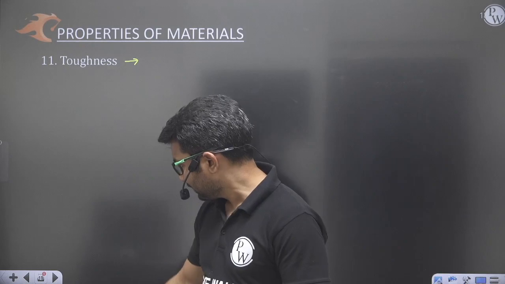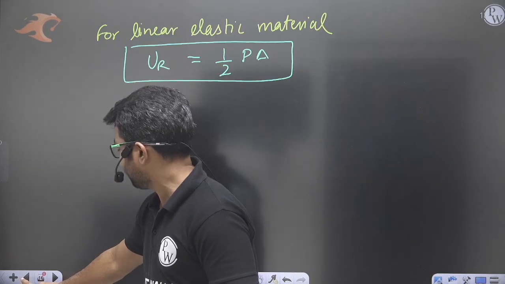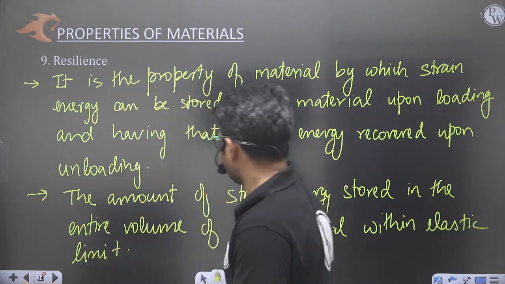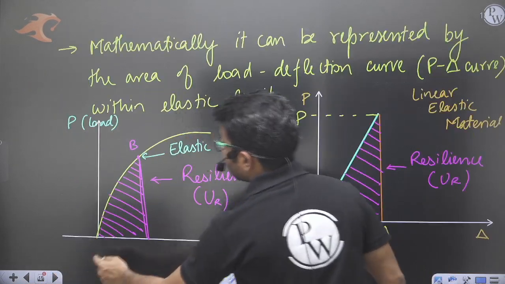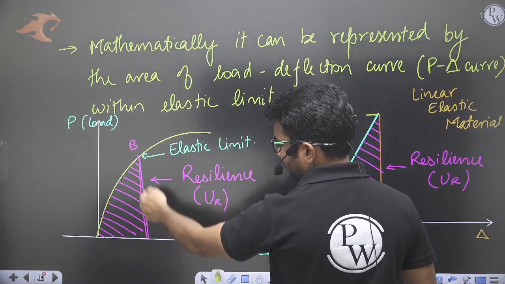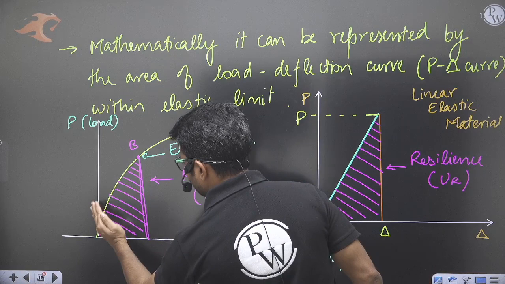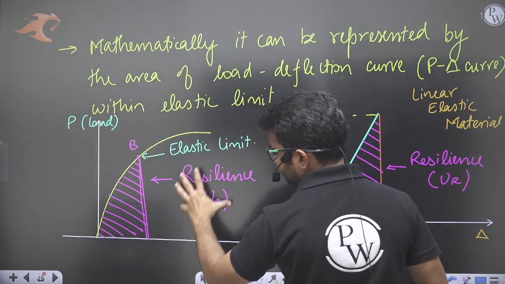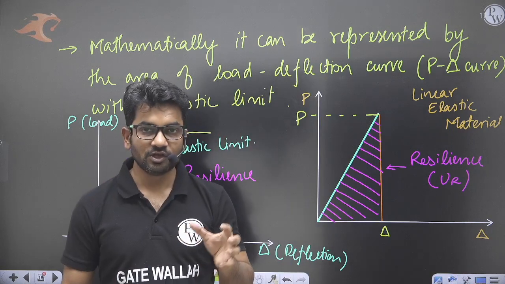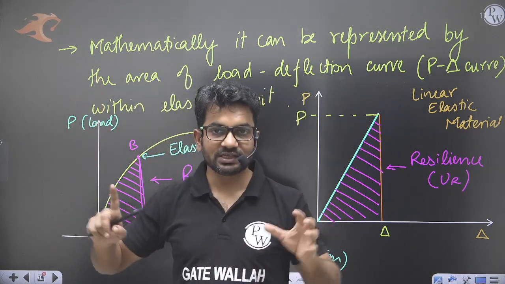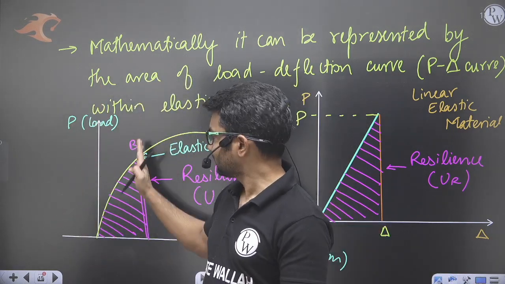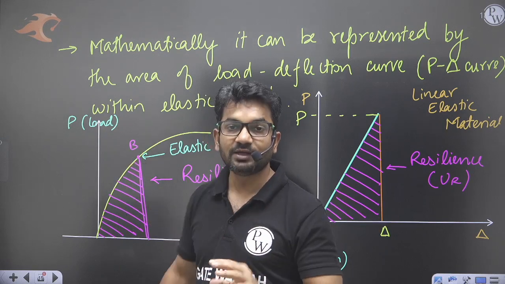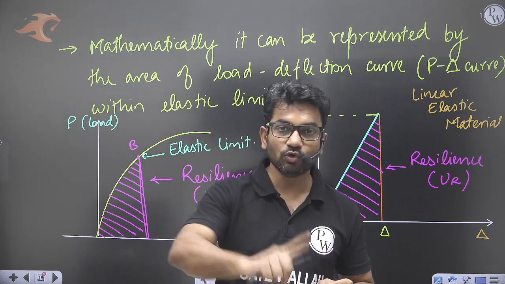When we define total strain energy stored up to the elastic limit, it is called resilience. But when we define total strain energy stored up to the fracture point, this whole energy is called toughness. So the difference between resilience and toughness is just that resilience is the total strain energy up to the elastic point, but toughness is the total strain energy up to the fracture point.